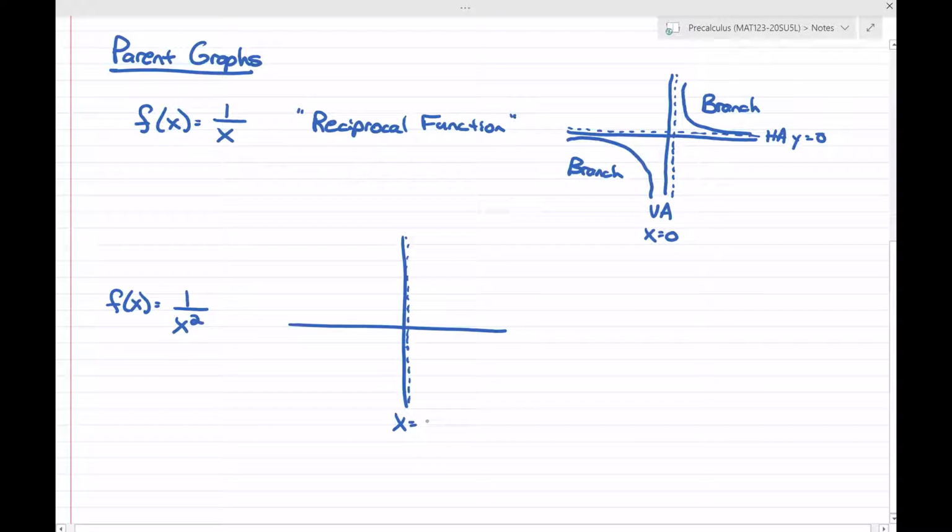So we'll say x equals 0 is our vertical asymptote. The horizontal asymptote, we'll talk about how to find those later on, but in general, your parent graph for this just has y equals 0. And if you plug in any x, you'd get a positive y value. So instead of being lower left, upper right, you actually have branches. Both of the branches are above the x-axis.